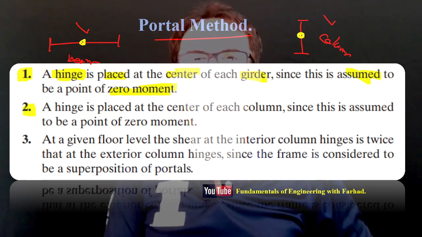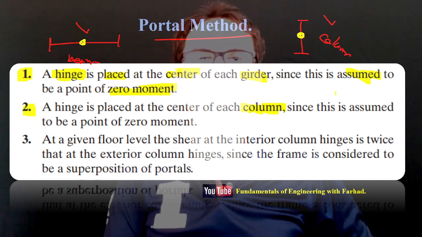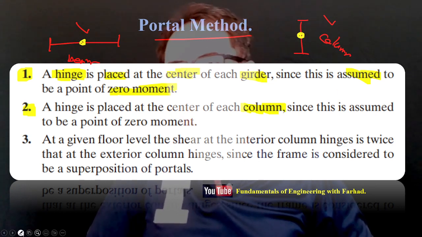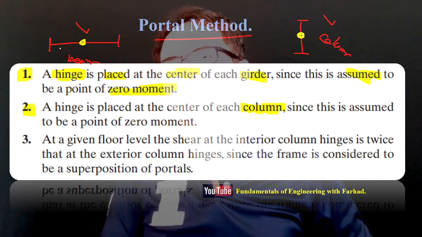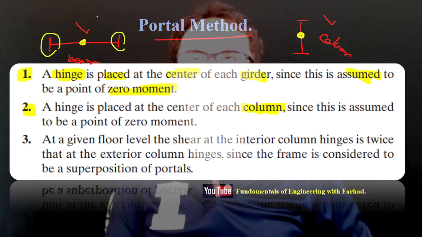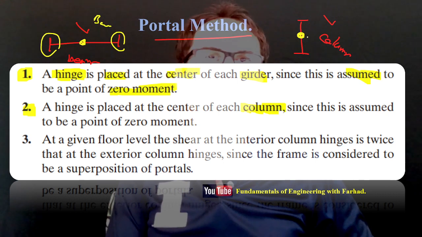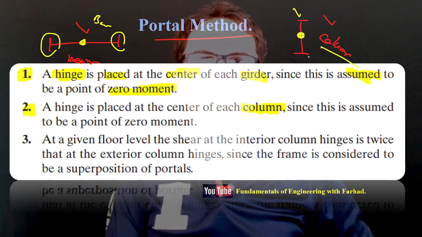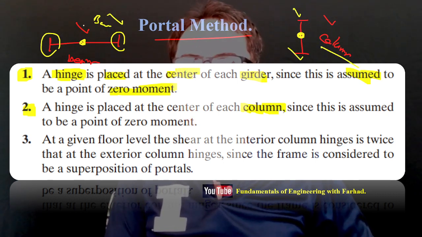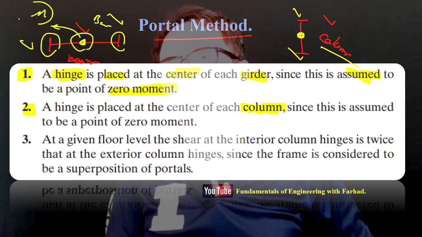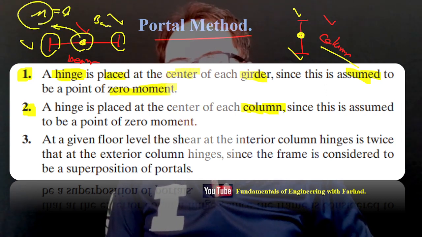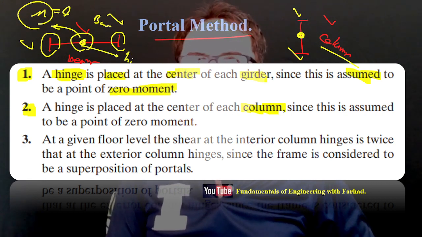And also at the center of each column as well. So it doesn't matter if you have a fixed end member, it doesn't matter if you have a beam or a column. As soon as you check both ends and you see it's fixed, you can locate your hinge there, and it just says it's a moment of zero at the hinge location.